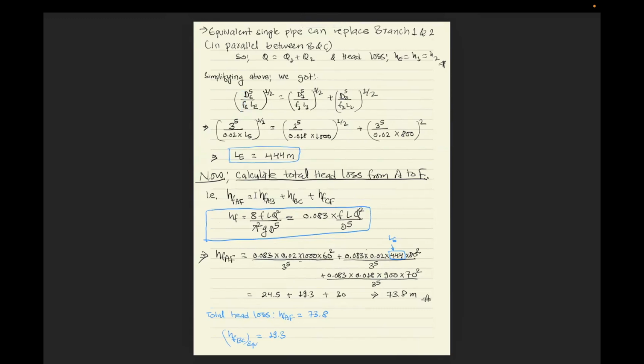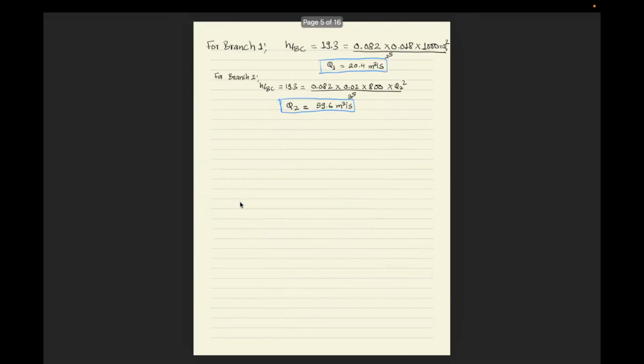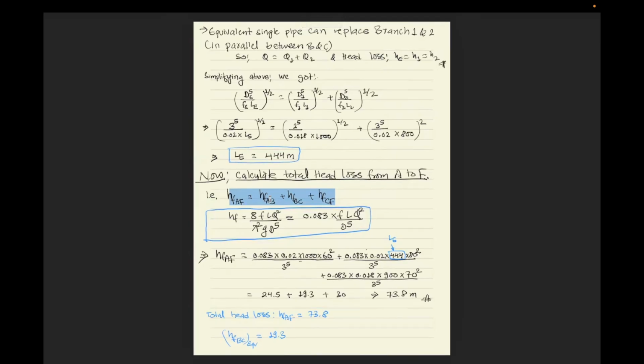and by this we have head loss from A to F equal to HFAB plus HFBC plus HFCF. I already mentioned the HF head loss formula in terms of Q and D. While simplifying, we got 0.083 times FL Q squared divided by D to the power 4.